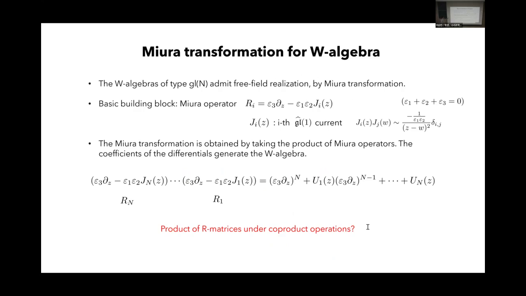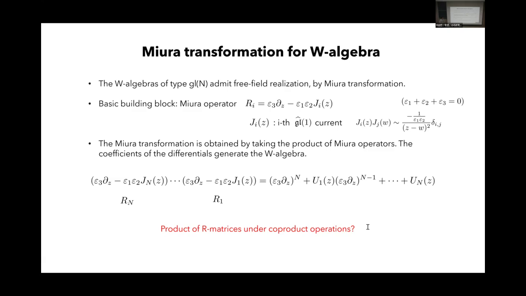It's the object that's called R_i. It's a linear combination of the formal differential operator dz and the GL1 hat current, the current of the GL1 hat vertex algebra, J_i(z), with some coefficients, which don't matter too much for now.